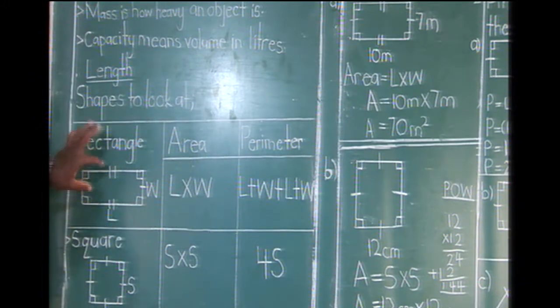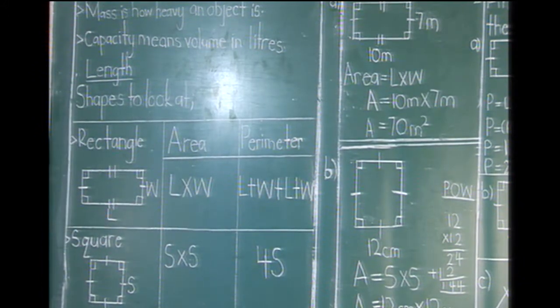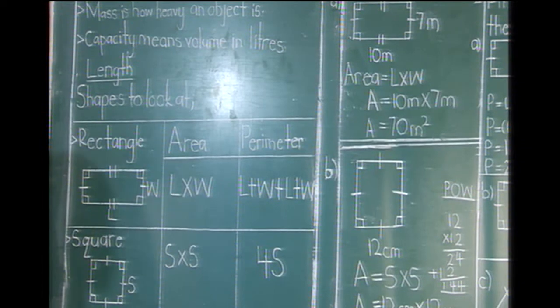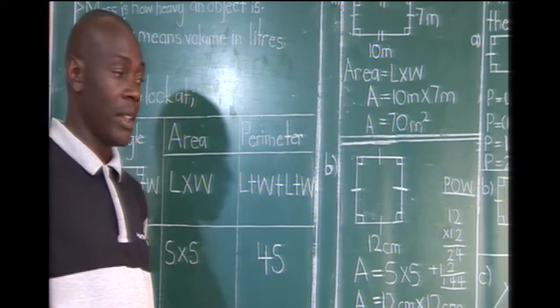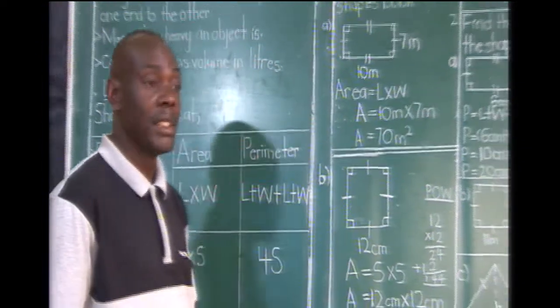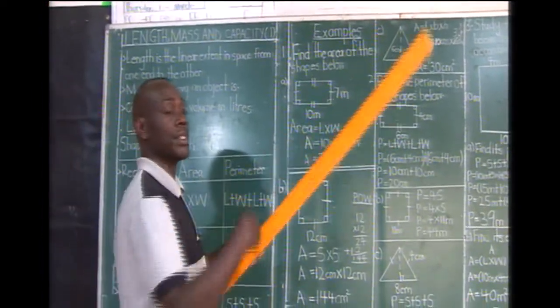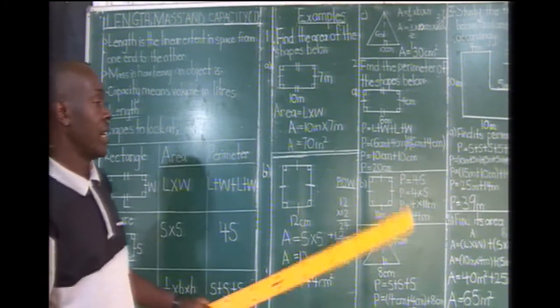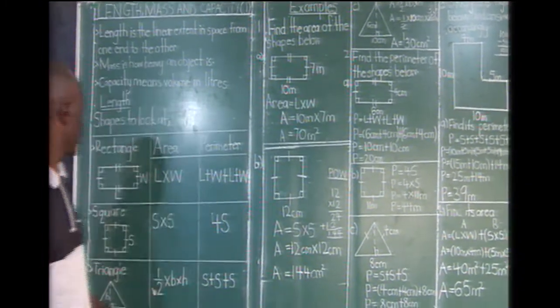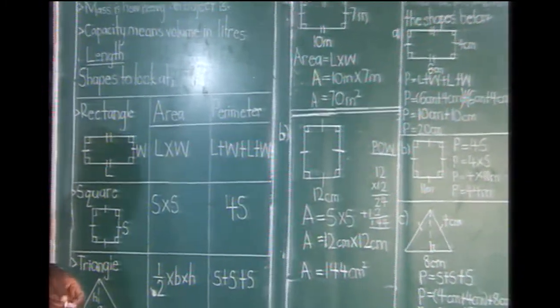A book, the exercise book you have, is also rectangular. Even this ruler itself, it has got length and width. It's also rectangular, and so many other objects that you will have to mention.